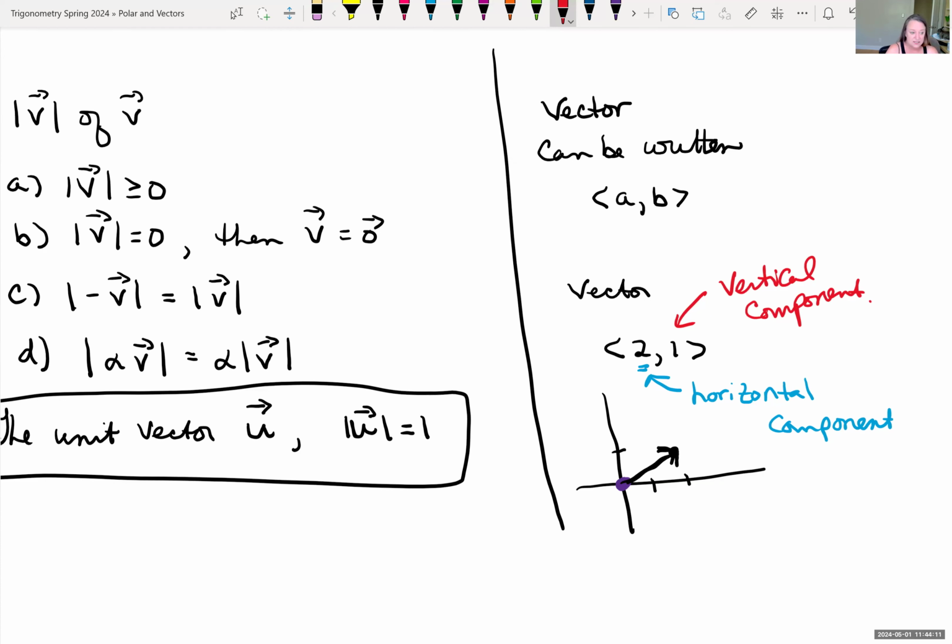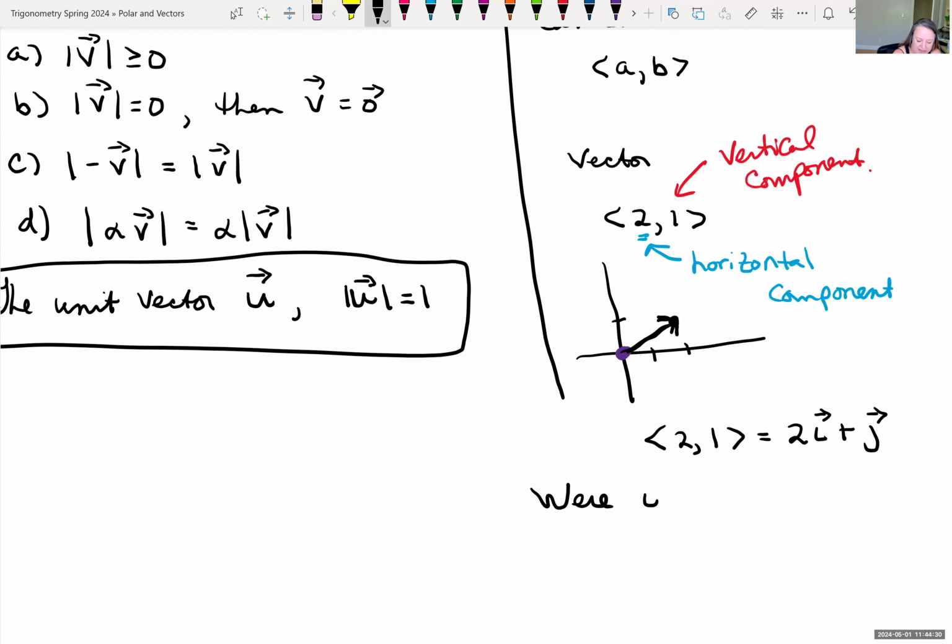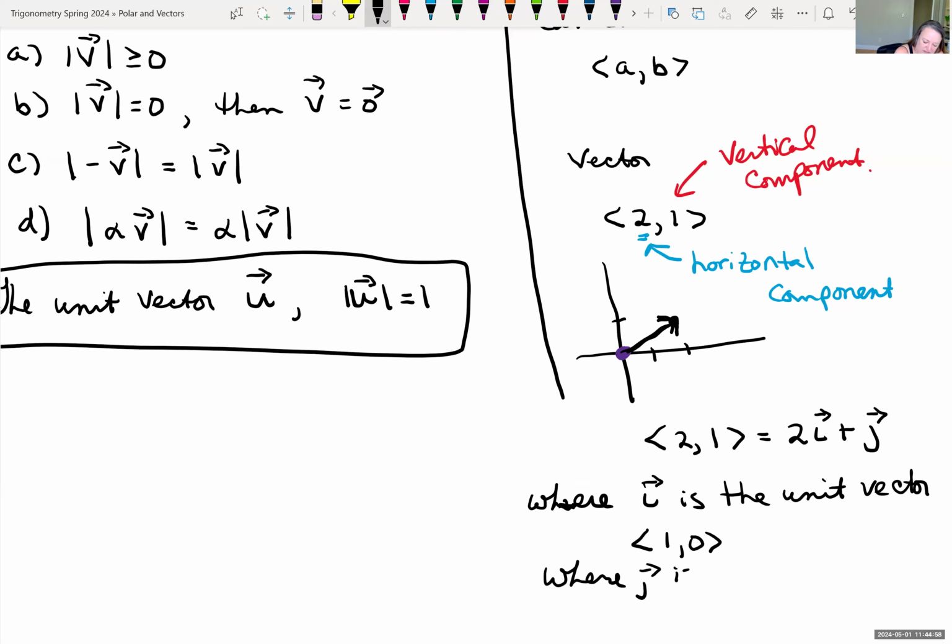Another way that we can write this equivalently is 2i plus j, where i is the unit vector <1, 0>, and where j is the unit vector that gives us the vertical component, <0, 1>.